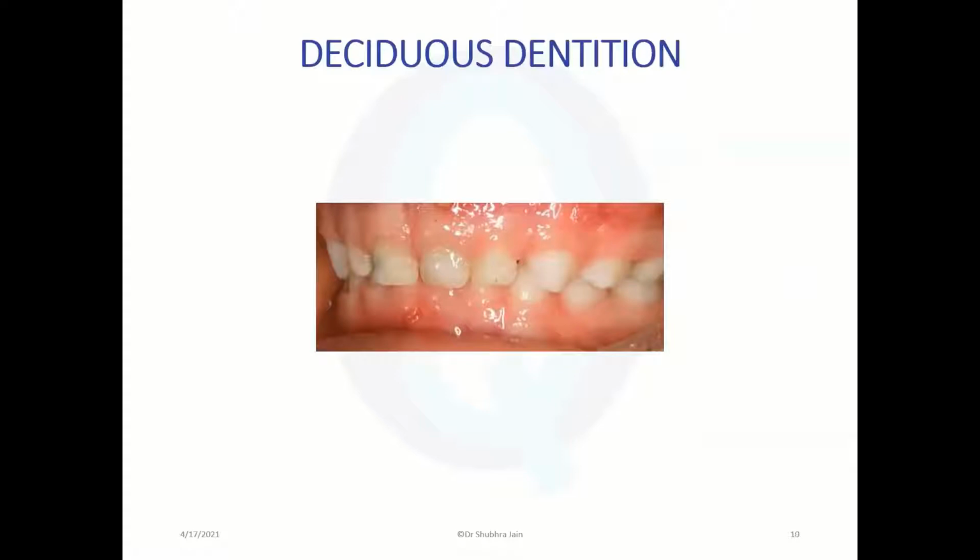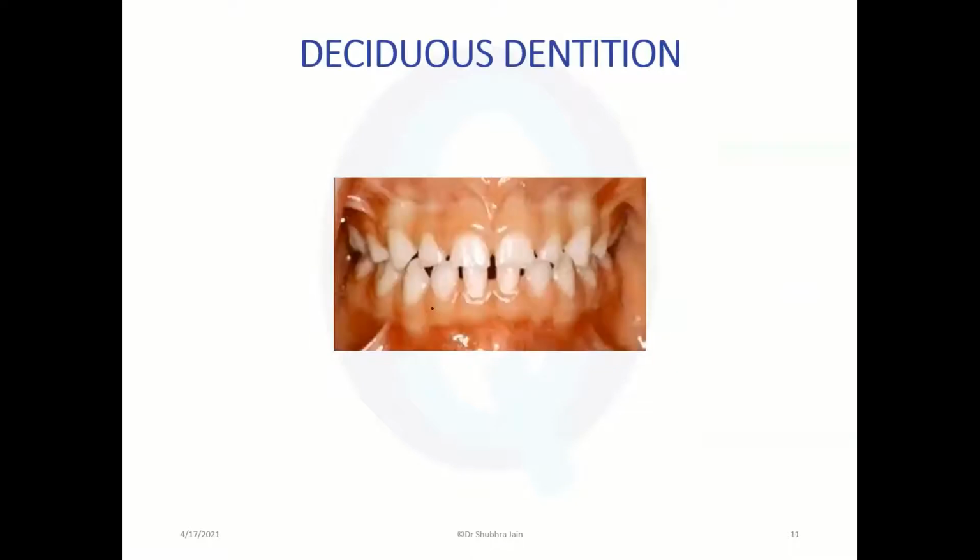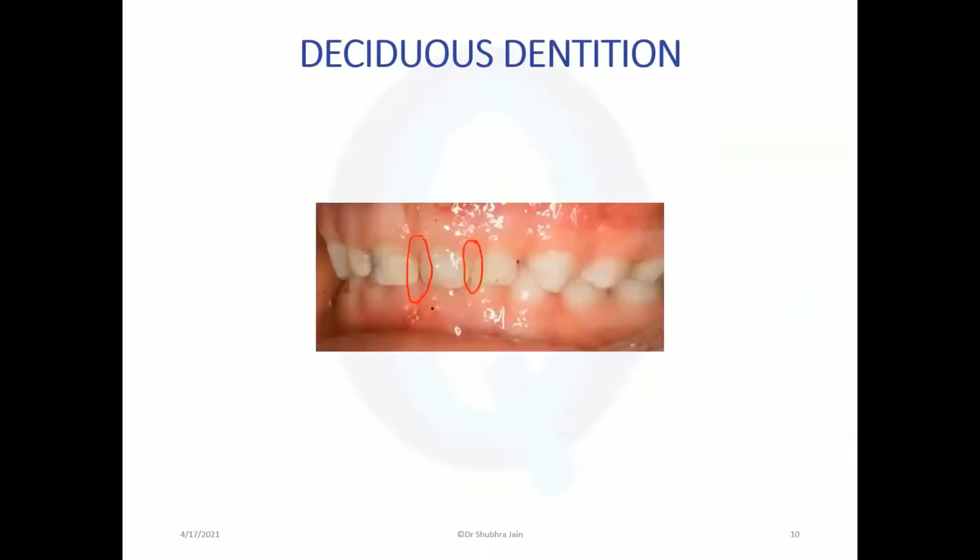Now we're going to see a few aspects of a deciduous dentition. So if you see, there is some space, less space in this patient, but yes, there is space. Maybe you can see this also. There is space. So first characteristic of a deciduous dentition is there is spacing. There is a generalized spacing.